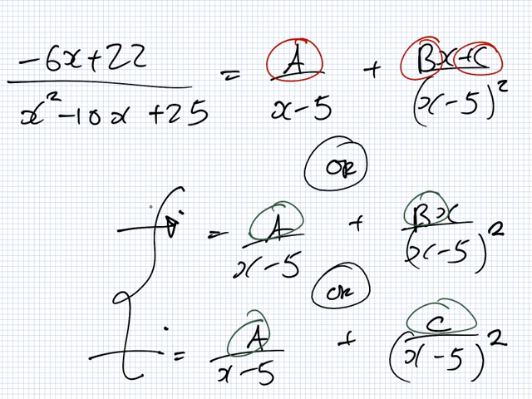Did you get A and B? What did you get for A? And B? Is that what you got? Minus 8 over 5. Yes. Okay.